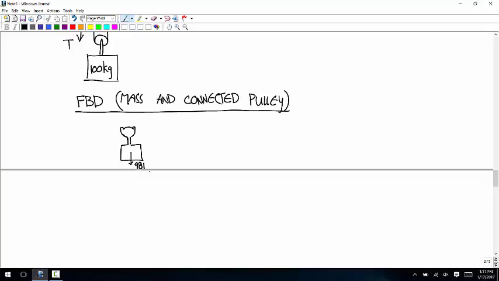And now the cable force acts directly out of that little stump. Since this is all one cable, it applies the same force everywhere.